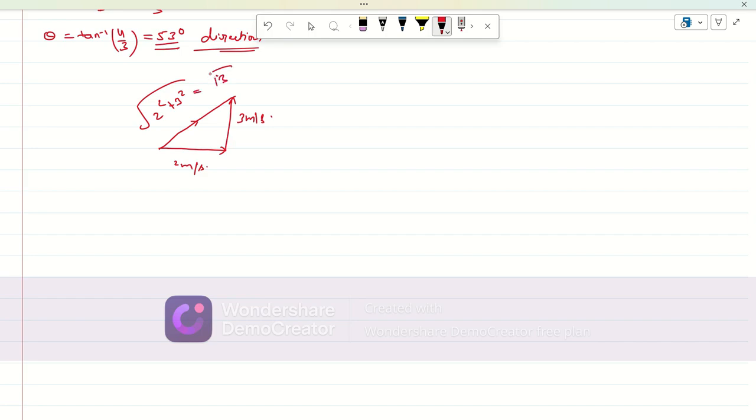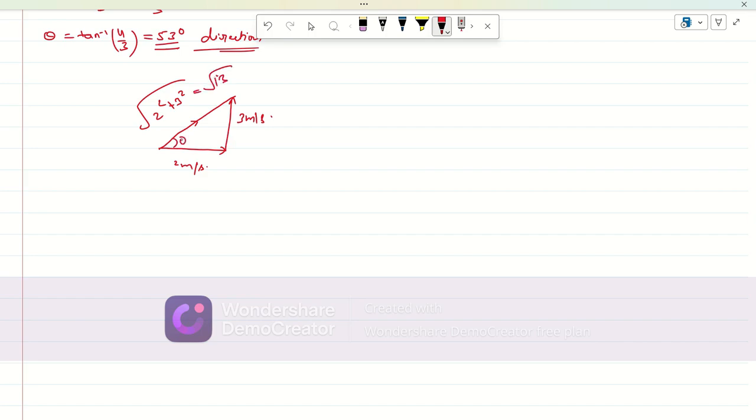Another example we can consider for velocity: let's say an object is moving toward east at the speed of 2 meter per second, and wind is blowing towards north at the speed of 3 meter per second. What will be the resultant? Again you will apply trigonometry: 2 square plus 3 square, so it will come out to be root 13.